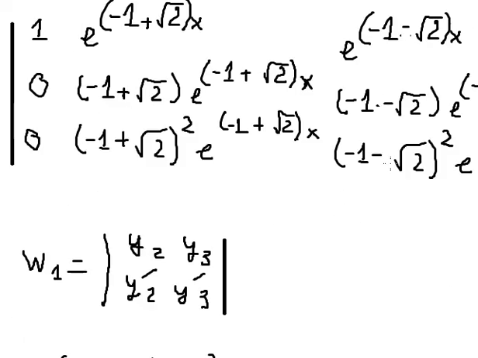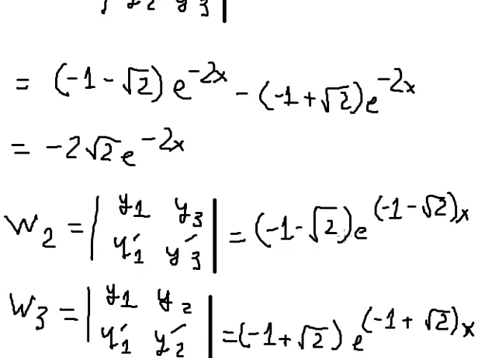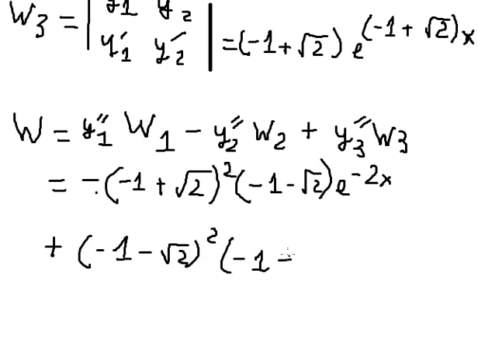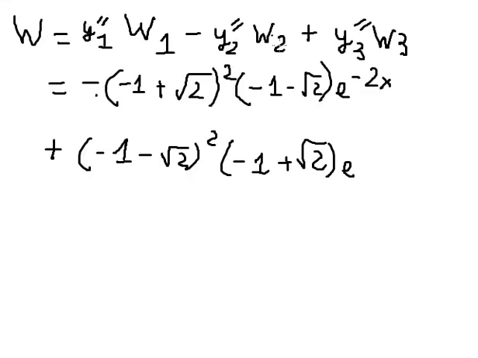This one and this one we combine together and we have negative 2x plus negative 2x2.